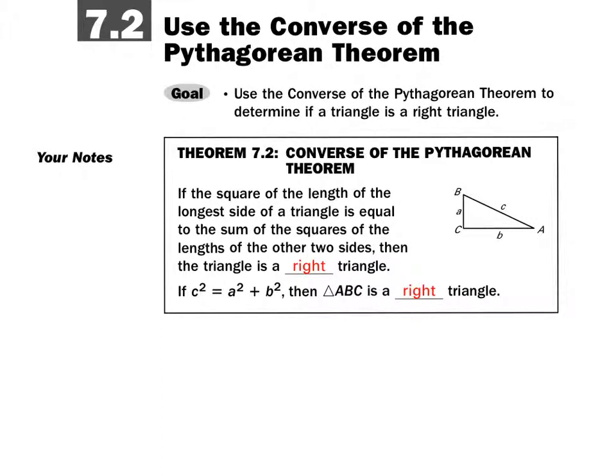Okay, converse of the Pythagorean theorem. The Pythagorean theorem states that if I have a right triangle, then the hypotenuse squared should be the sum of the two legs squared, respectively, right?